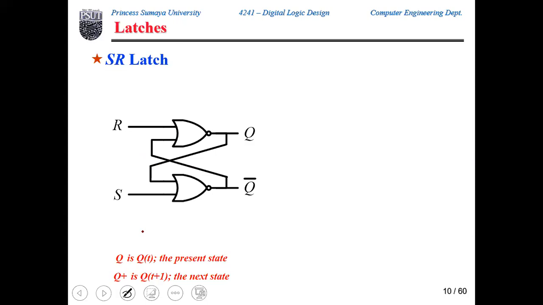Okay, so let's try to analyze this circuit. This is a very simple circuit. This is the box that we saw on the previous slide. Inside this box, this is called a storage element, and technically it is called an SR latch.